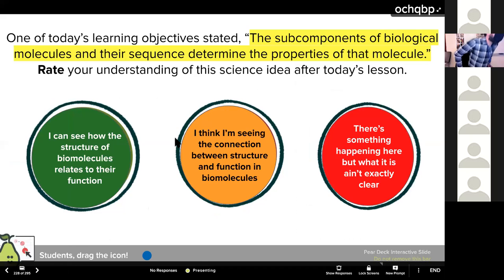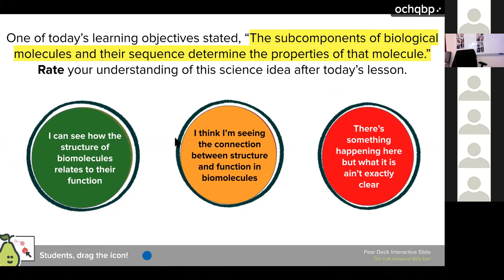Whether you're looking at a fatty acid or an amino acid, the subcomponents of these molecules determine their properties. How are you feeling about this? You starting to see the connection? You definitely seeing the connection? Or is the connection really unclear to you right now? Just drag your dot.